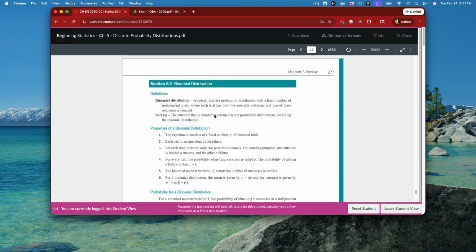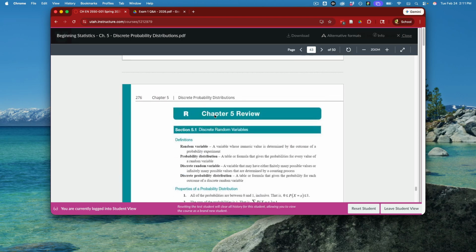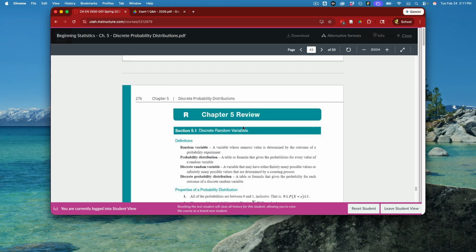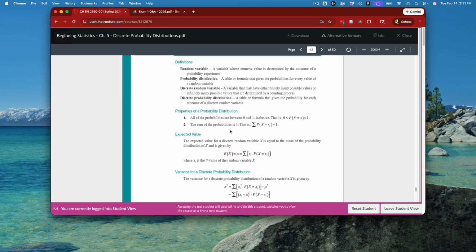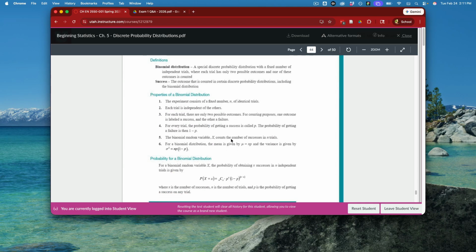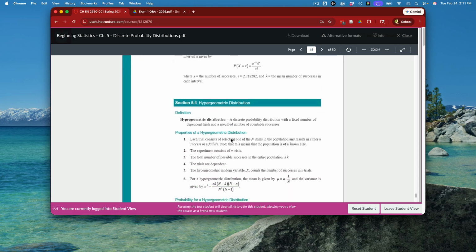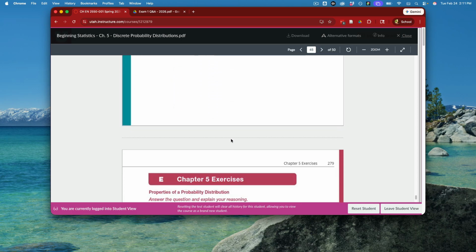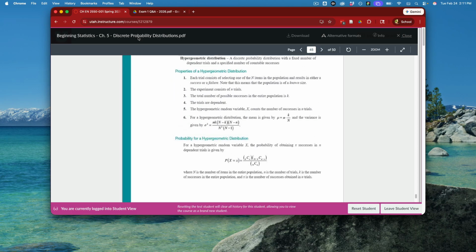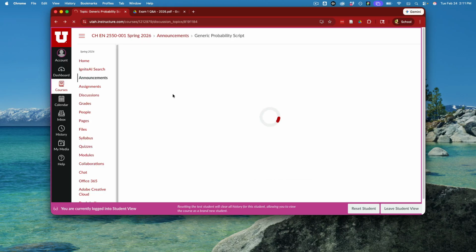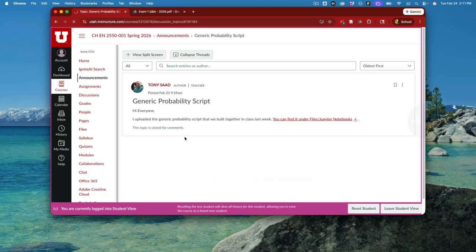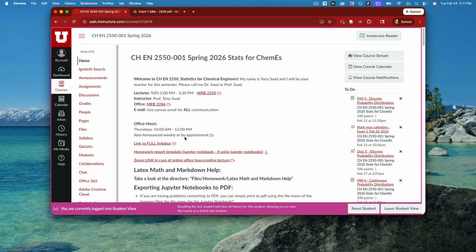They have a review section, Chapter 5 review, discrete random variables, properties, etc. It goes through all the details and explains things to you, but it doesn't have the tables yet. So this might be helpful if you want to look at that.